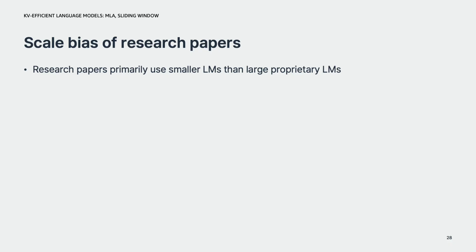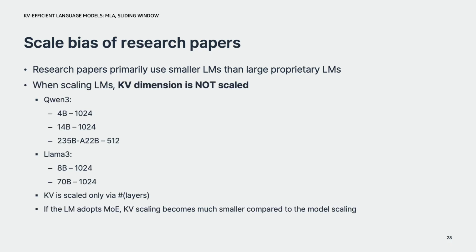What I mean by the scale bias of research papers is that research papers primarily use smaller language models than large proprietary language models. And the inefficiency of KV may be more pronounced in smaller language models. And that is mainly because when we scale the language models, we do not scale the KV dimension.